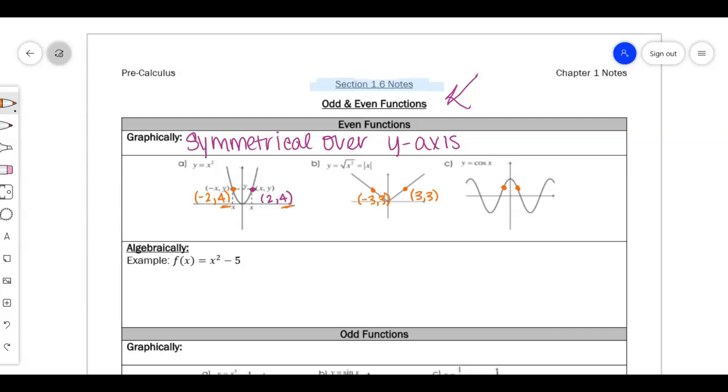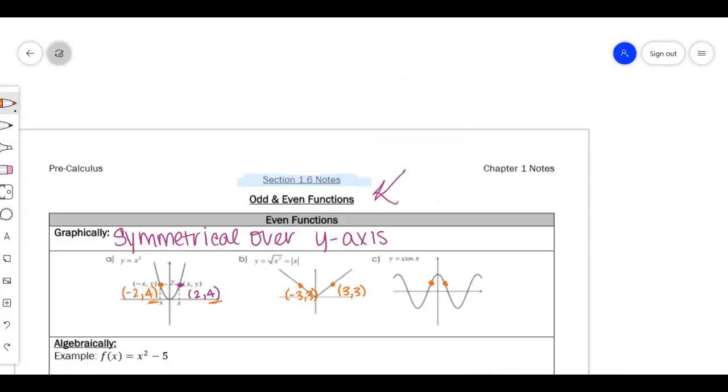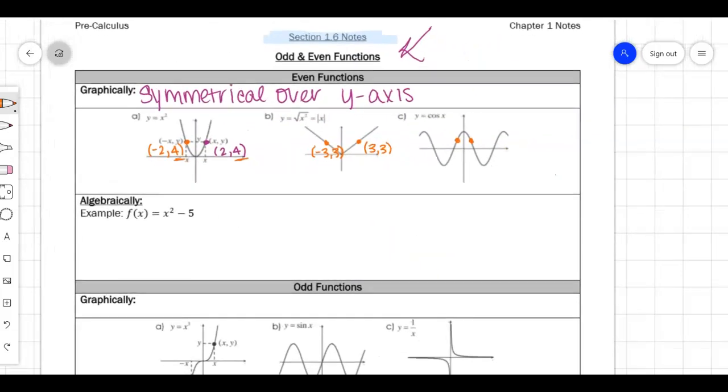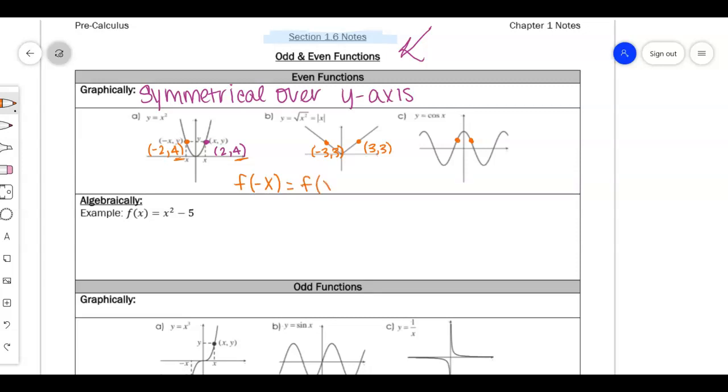Another way to say this is basically that if we plug a negative number into f of x, it's just going to equal the same output as if we plug in that same number but positive. And that's going to help us decide algebraically. If we don't have the graph already for us, we can test this theory right here.